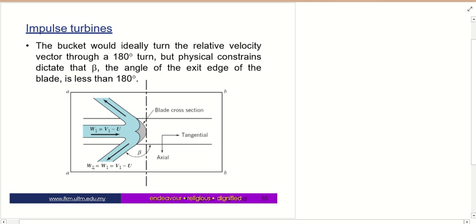So W2, the relative velocity at 2, equals V1 minus U. The bucket will ideally turn the relative velocity W2 vector through a 180 degree turn, but due to physical constraints, the beta angle of the exit edge of the blade is commonly less than 180 degrees.